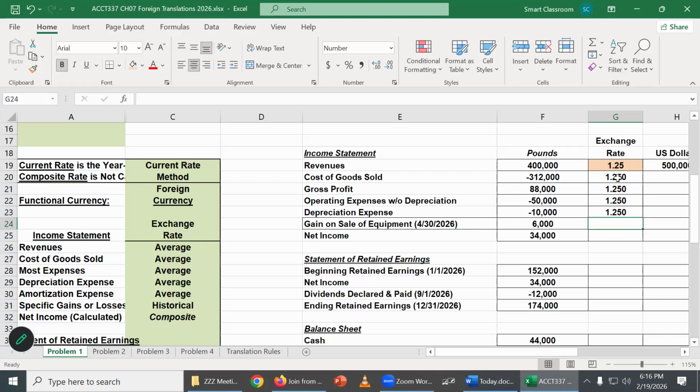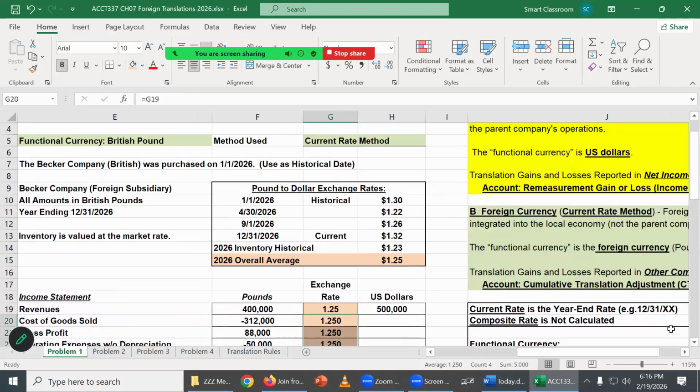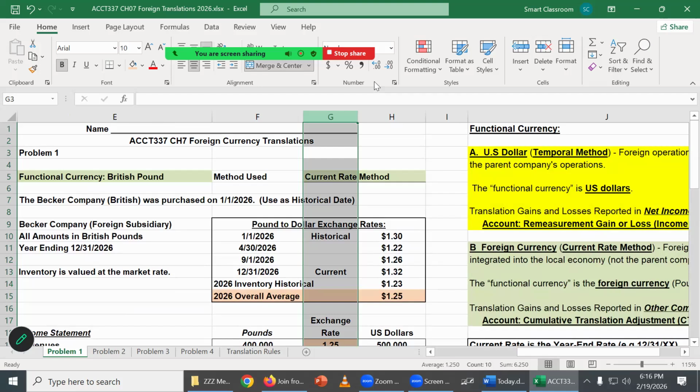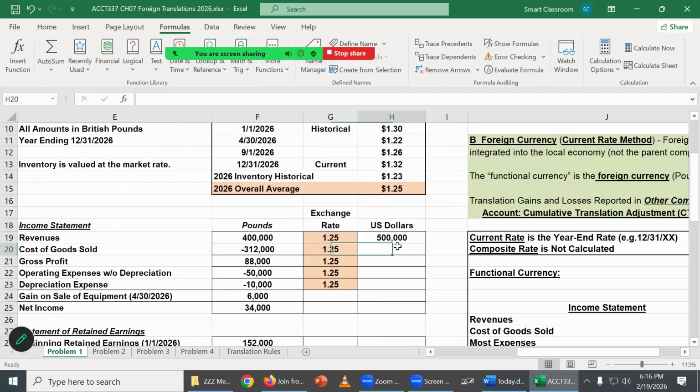We're going to stop right there for a second, and let me fill these in. Okay, so most of the stuff on the income statement is going to be average, and that's true even with the temporal method for the most part.